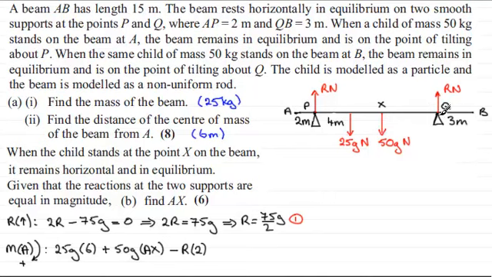And the distance AQ is 12 meters. Remember, the length of the beam is 15 meters, so we've got 3 meters here, so that leaves us with 12 meters there. Okay, so it'll be minus R times 12. And because the beam is in equilibrium, there'll be no resultant moment. So this moment here must equal 0.